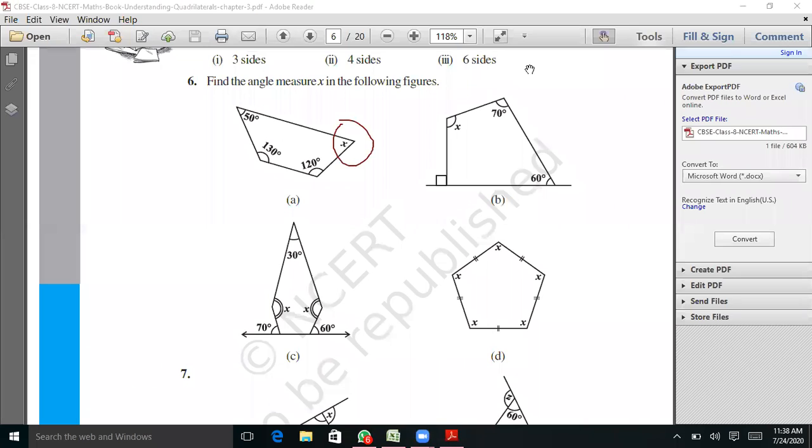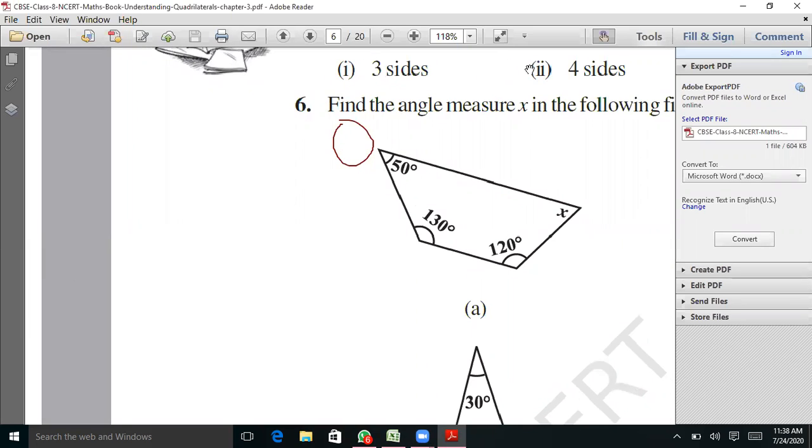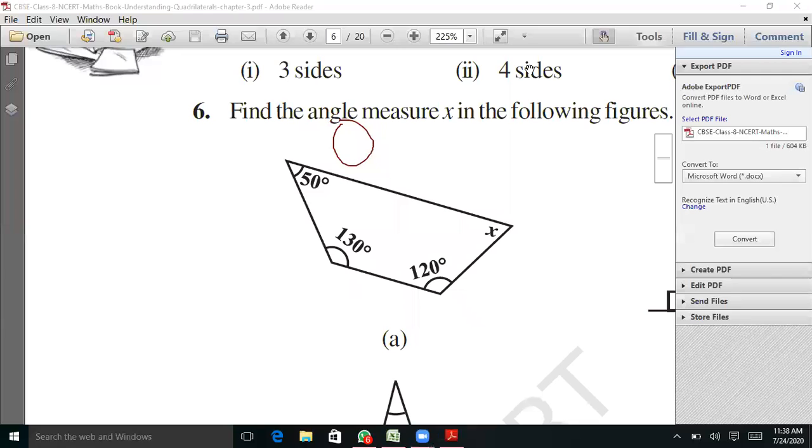What the angle sum property of a quadrilateral says is that the sum of angles is equal to 360 degrees. So to apply this property, we can find the value of this x, right?